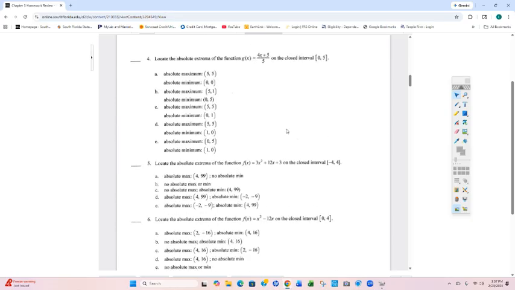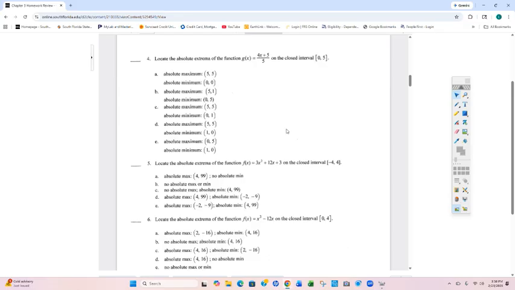Number 4. Locate the absolute extrema of the function g of x equals, this is a fraction, 4x plus 5 in the numerator, 5 in the denominator, so 4x plus 5 over 5, on the closed interval 0 to 5, in brackets. A, absolute maximum 5, 5, these are coordinates, absolute minimum 0, 0.